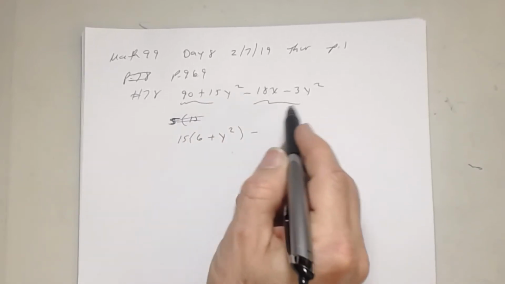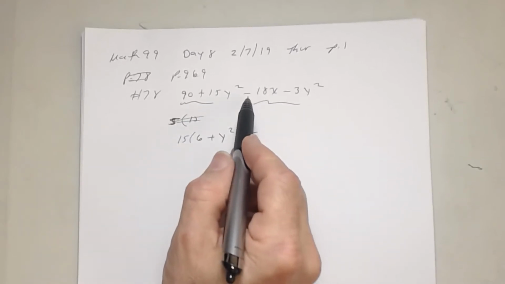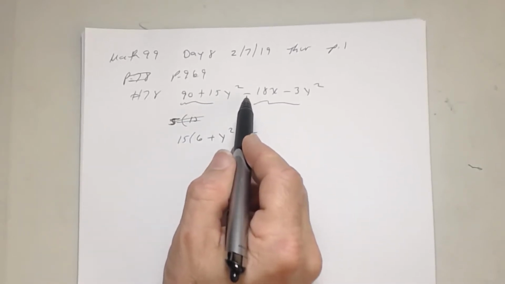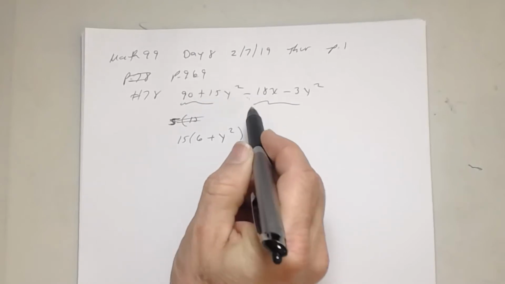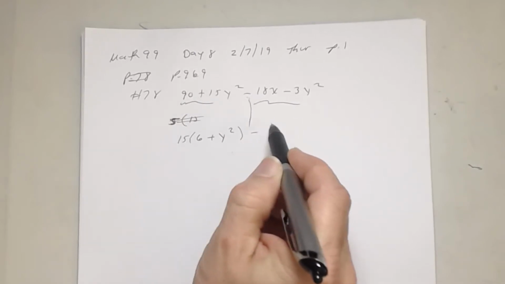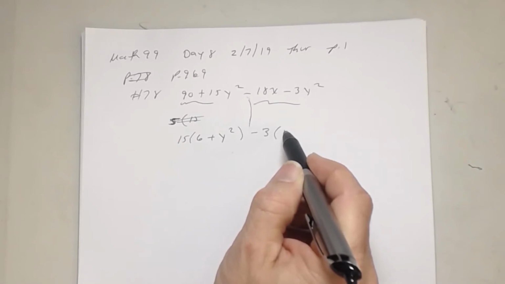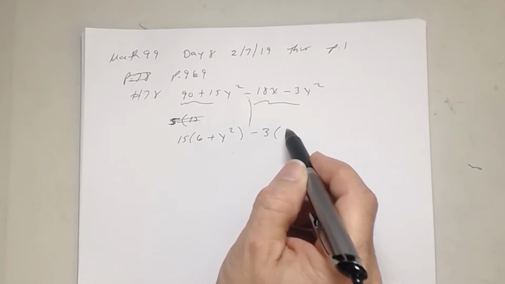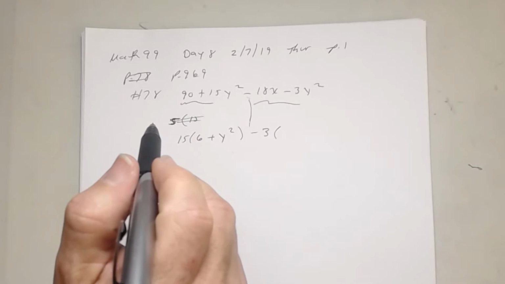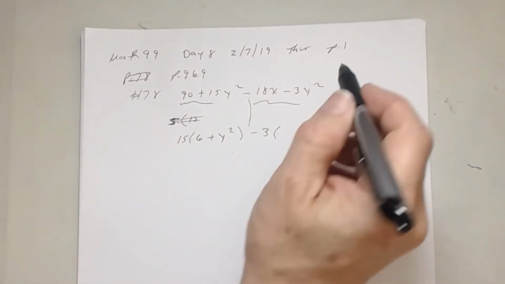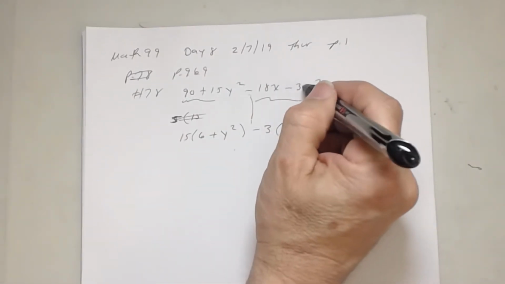All right, what's the GCF of the second term? Remember, you've got to take out the negative factor here. 3 times, hold on, guys. Okay, I apologize. This right here should be an x.